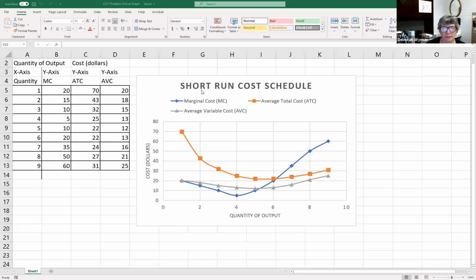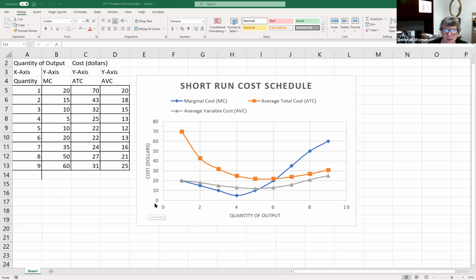Okay, so now I'm going to stop sharing this screen, and I'm going to share the graph that I plotted. And you can see this is the short run cost schedule. So this is exactly what we just calculated. We had the quantity of output and cost in dollars, right? We have 0 through 10, but we only go up to 9.